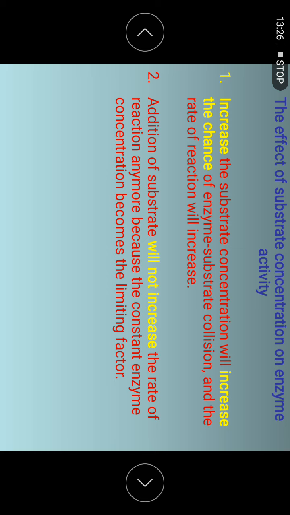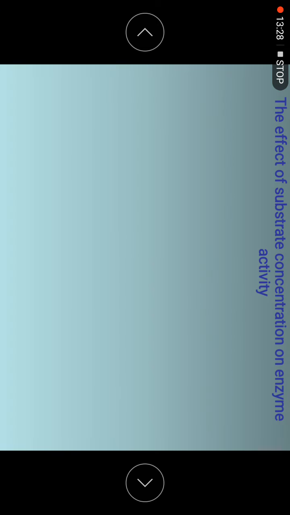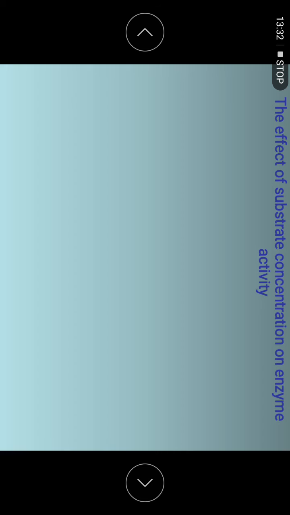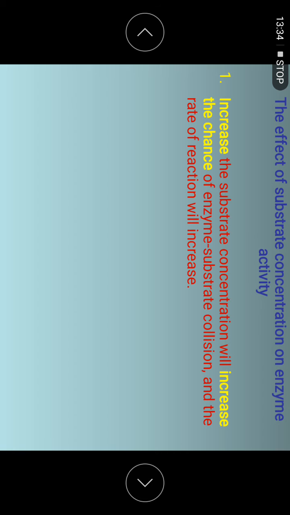If we are talking about substrate concentration, and I increase the substrate, we make the enzyme constant. When we look at one factor, the other three factors must be constant. That means the temperature is constant, pH is constant, and the enzyme concentration is also constant.